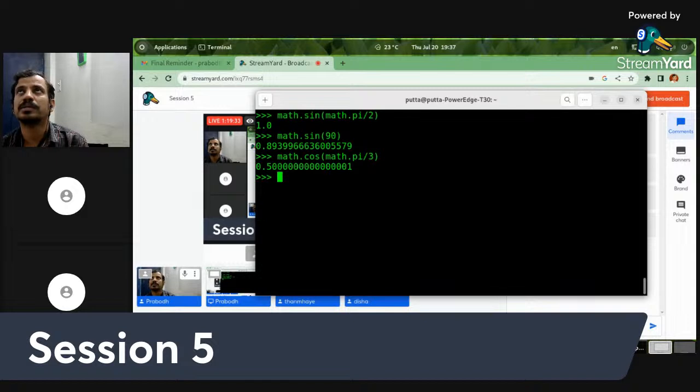Sir, range formula? What is it? 2 into initial velocity sine theta into initial velocity cos theta by g. So what computation are we doing there? Find range. Okay, yeah.